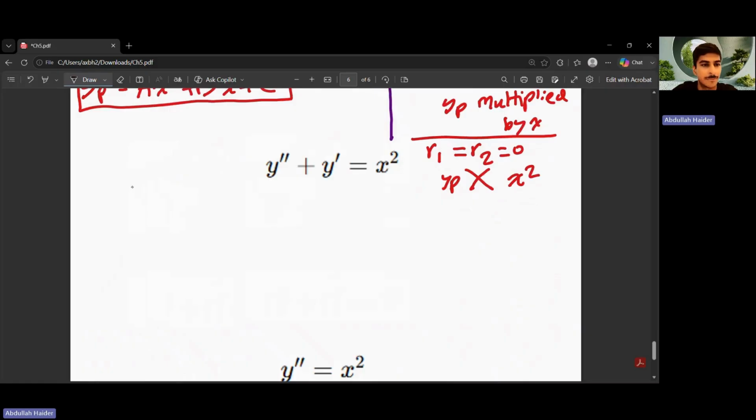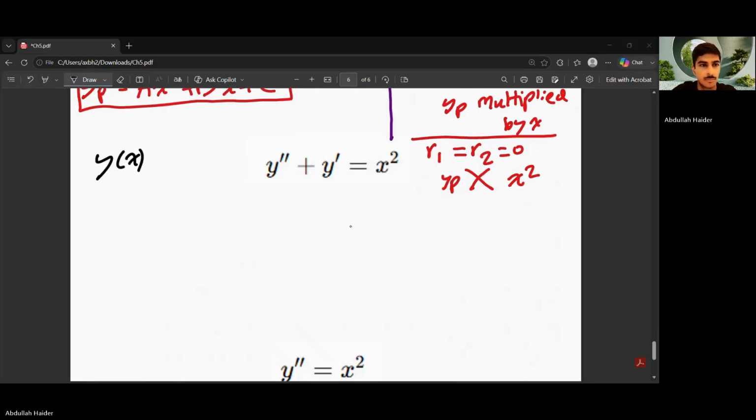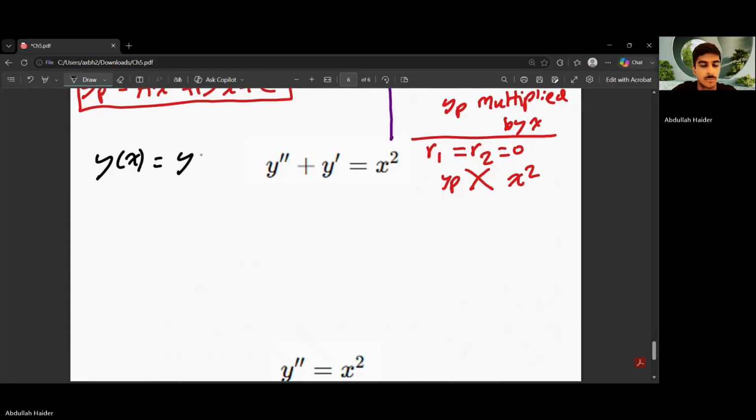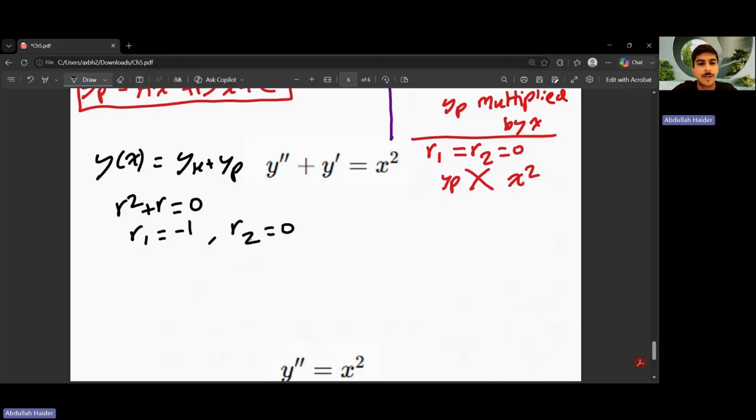Same idea. Homogeneous solution: r squared plus r is equal to 0. Here r1 is equal to negative 1 and r2 is equal to 0.